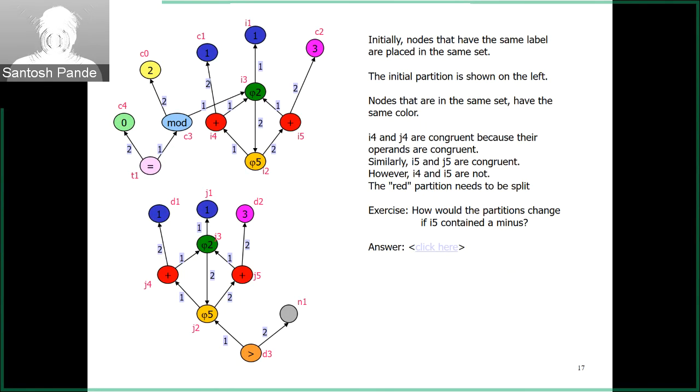And if we introduce a minus or something in between, you will see that this particular I5, if it is separated out from J5 because of minus, then it will split off, and it will also split other stuff out, because if I5 and J5 are not the same, then you can see J2 and I2 will not be the same, and in turn the I4 and J4 will also not be the same, because I3 and J3 may not be the same.